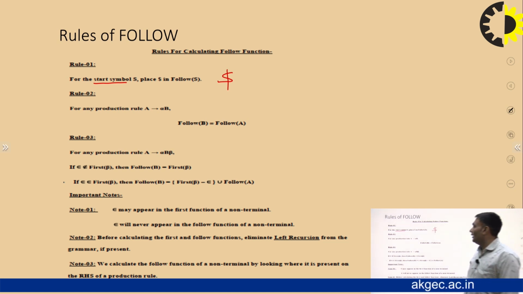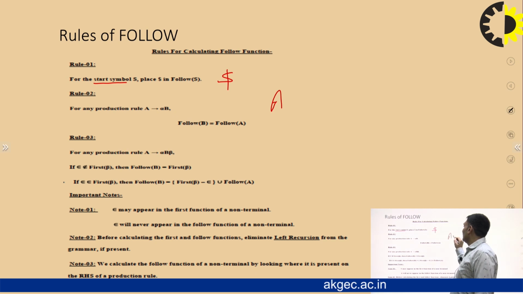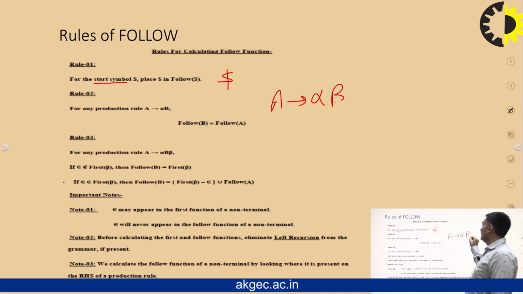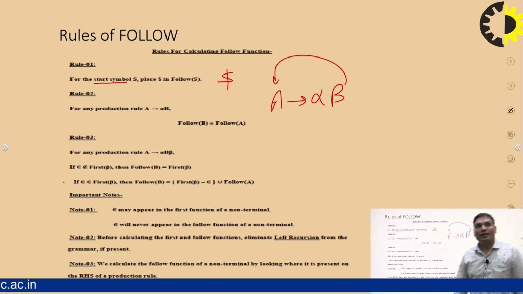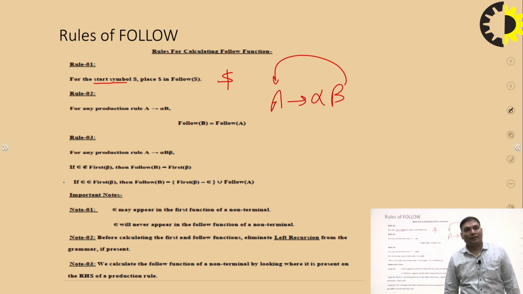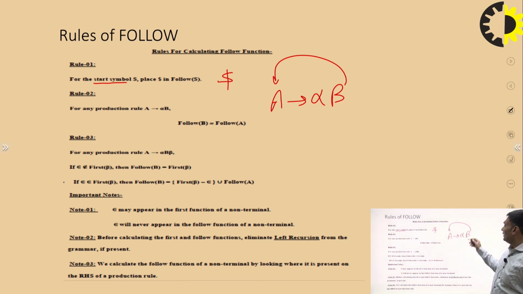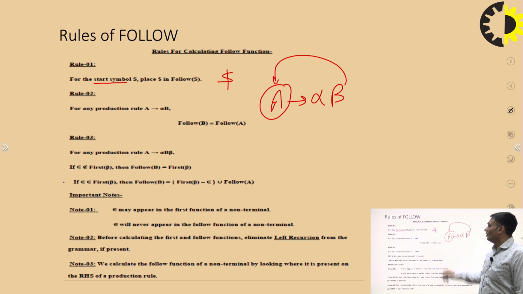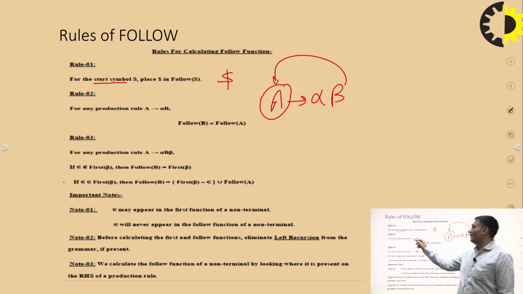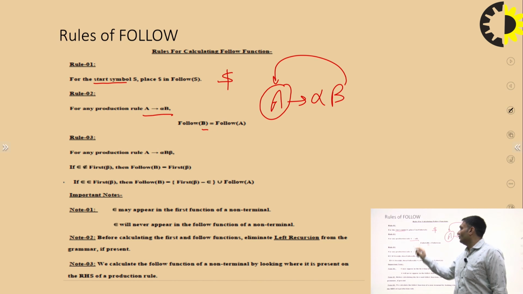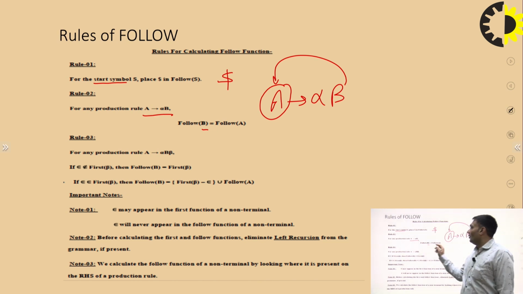Second rule is, if there is a rule like A to alpha B, then follow of this B will be follow of this A. If nothing is following the letter that is at the end of the right hand side of a production rule, then the follow of it will be the follow of the letter through which it was generated. So if we want to calculate the follow of B from this rule, then the follow of B will be follow of A, because there is nothing following B.